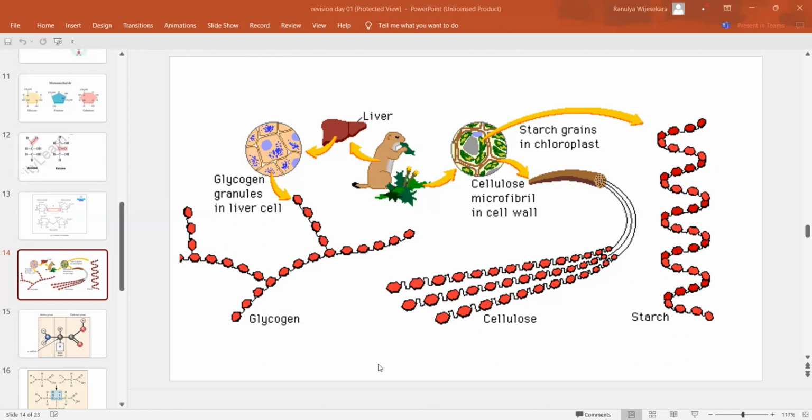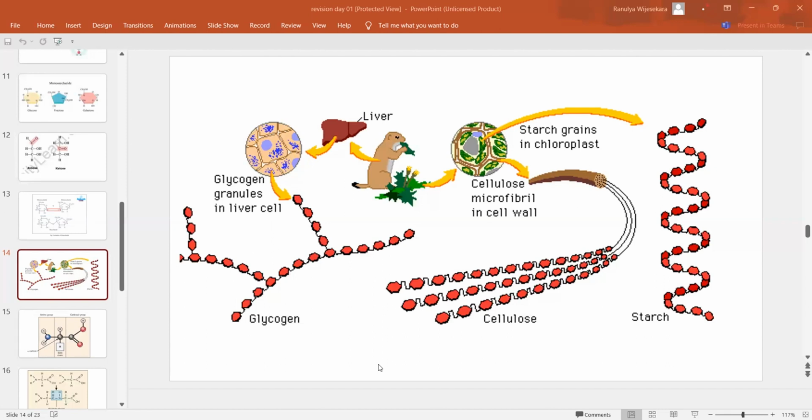Next point, ribose is a constituent of RNA. Next point, constituent of ATP. Next point, constituent of coenzymes, NAD, NADP, right?